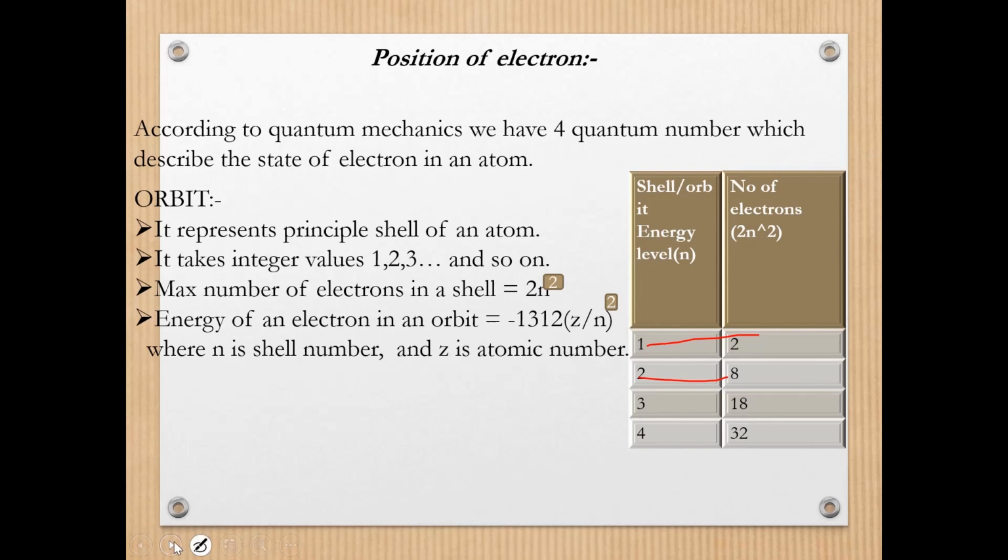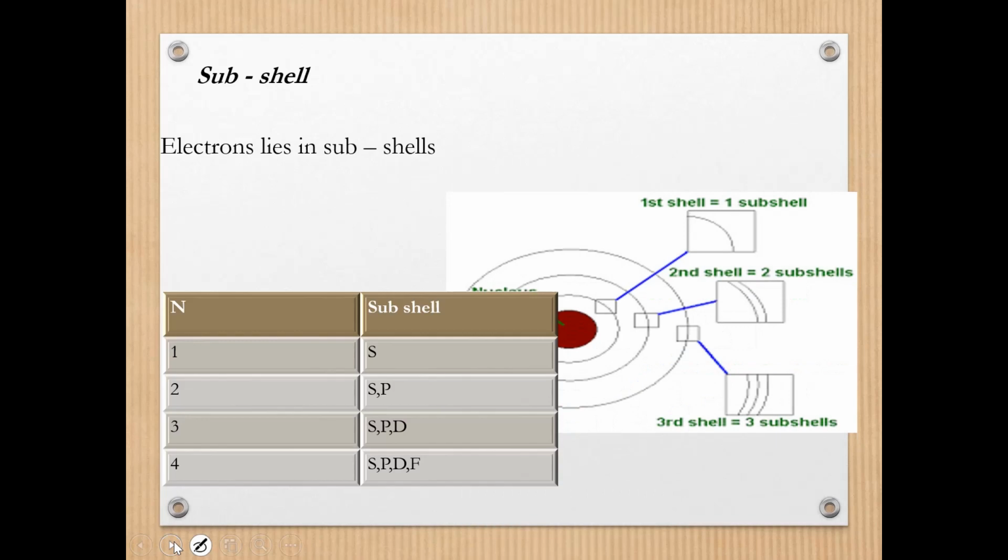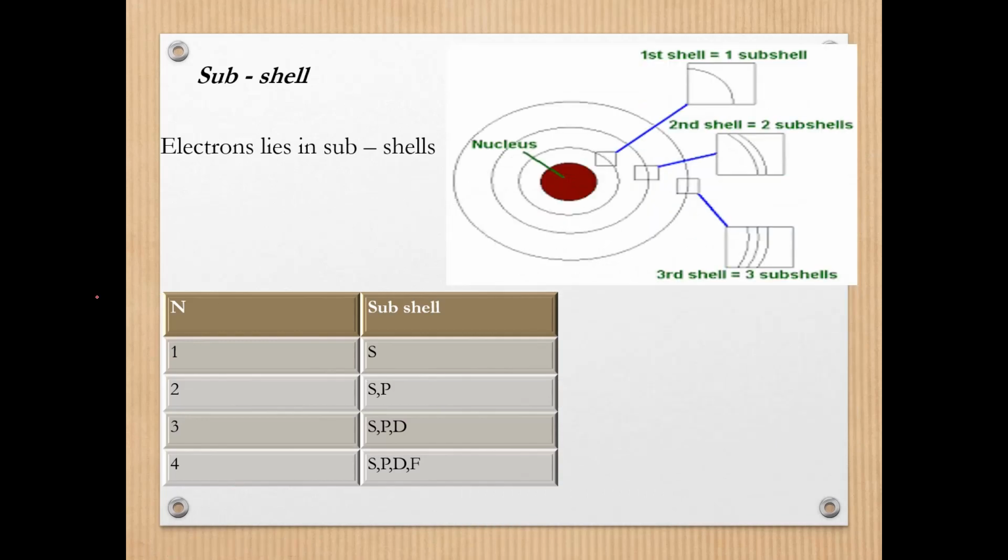the electron lies in the solid. The solid consists of atoms, and the atom consists of orbits. Next, in an orbit we have subshells, and electrons lie in the subshells.